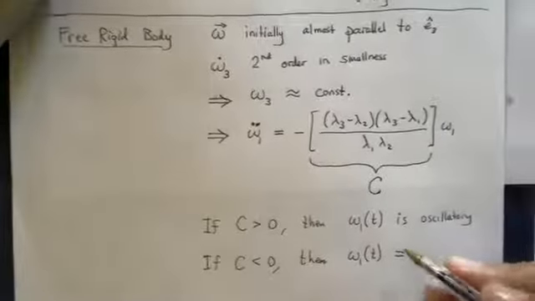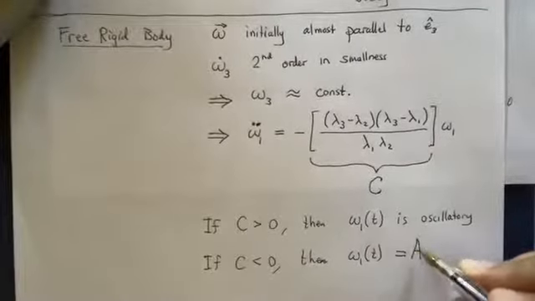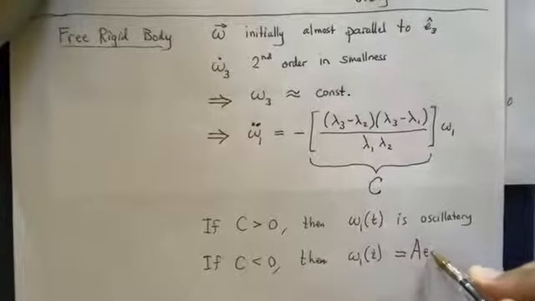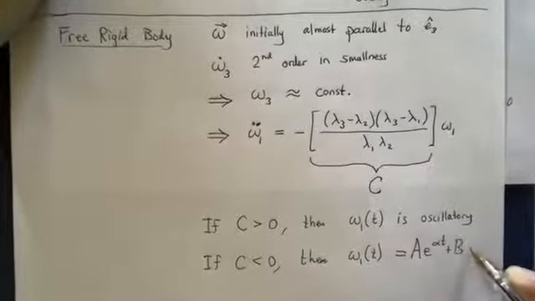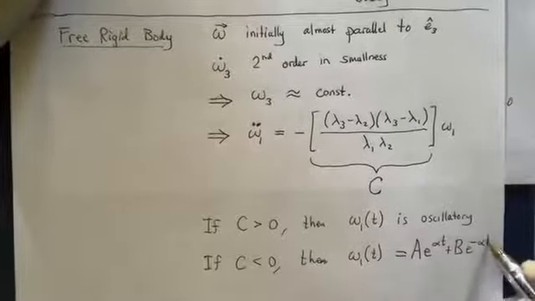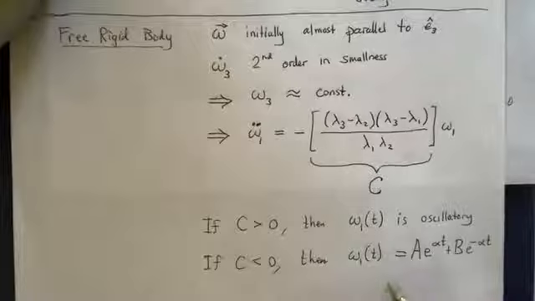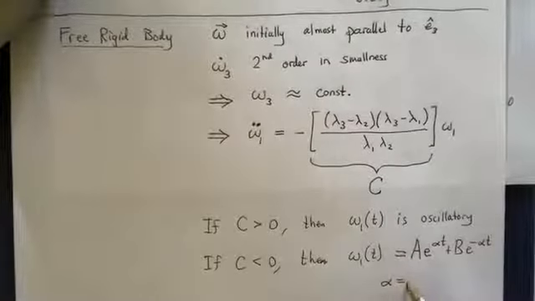So we might as well just write it out in terms of mathematical symbols. We have an e to the plus alpha t plus some other coefficient e to the minus alpha t, right? Where this alpha is the square root of minus C, okay?